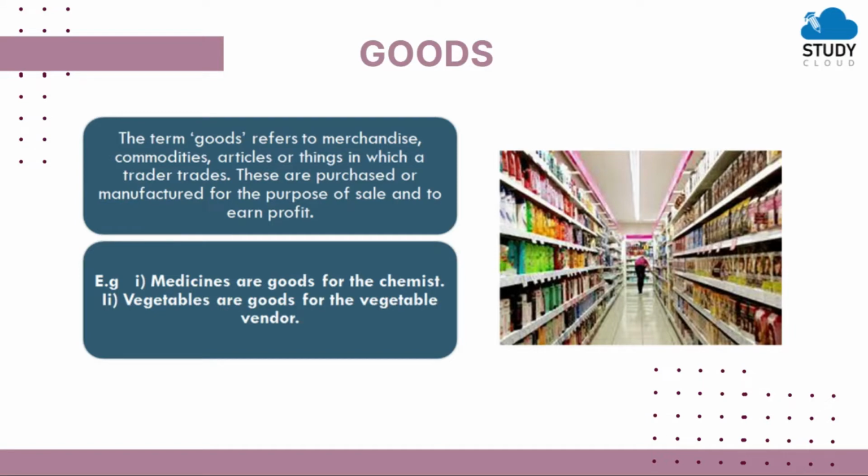Why? To earn profit. So goods are not the things which we are going to use for self-consumption, but goods are those commodities or articles which we are going to sell for earning profit. For example, medicines are goods for a chemist, vegetables are goods for a vegetable vendor.